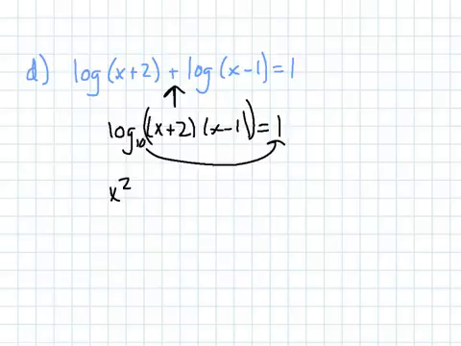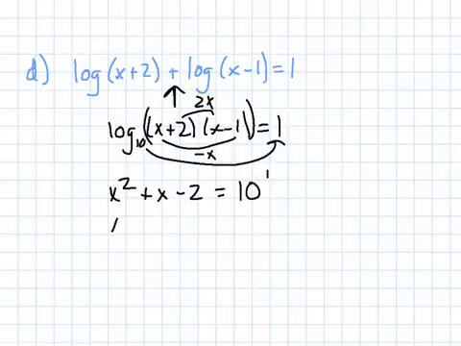So x squared, that gets me x squared, then 2x, negative x, so then I get a positive x, and then a negative 2 equals 10 to the first, which is 10. Now if I want a quadratic equation to factor, I need to move the 10 over.